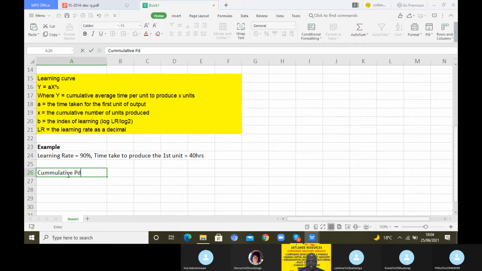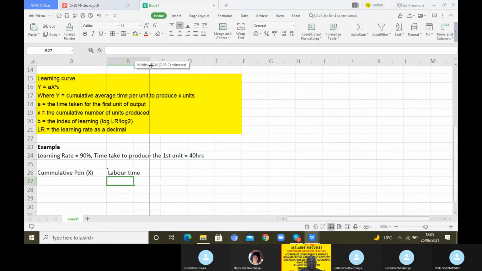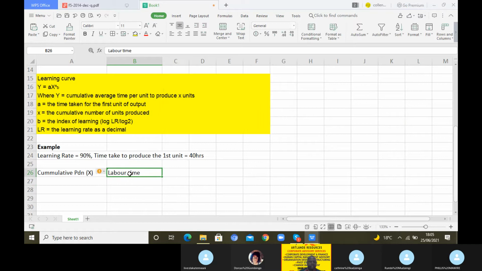Whenever cumulative production is doubled, cumulative production is your X. And then this is average labor time.